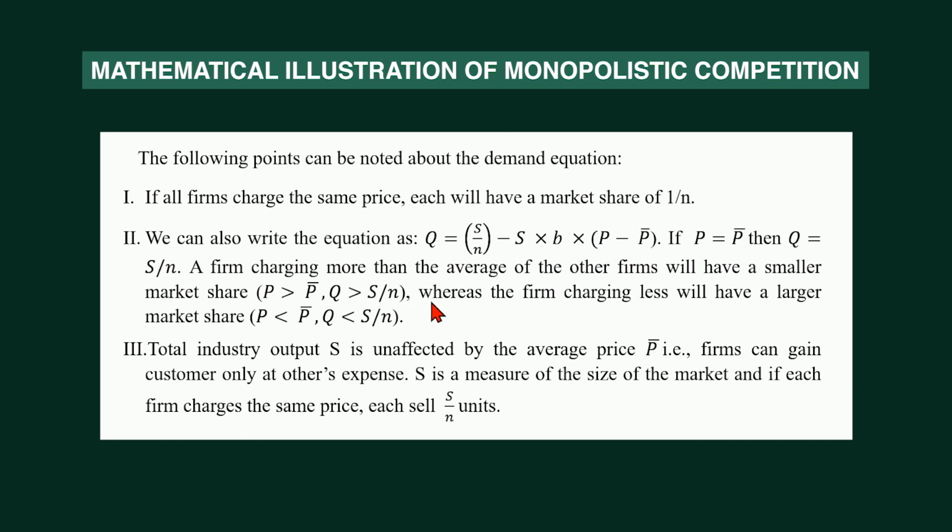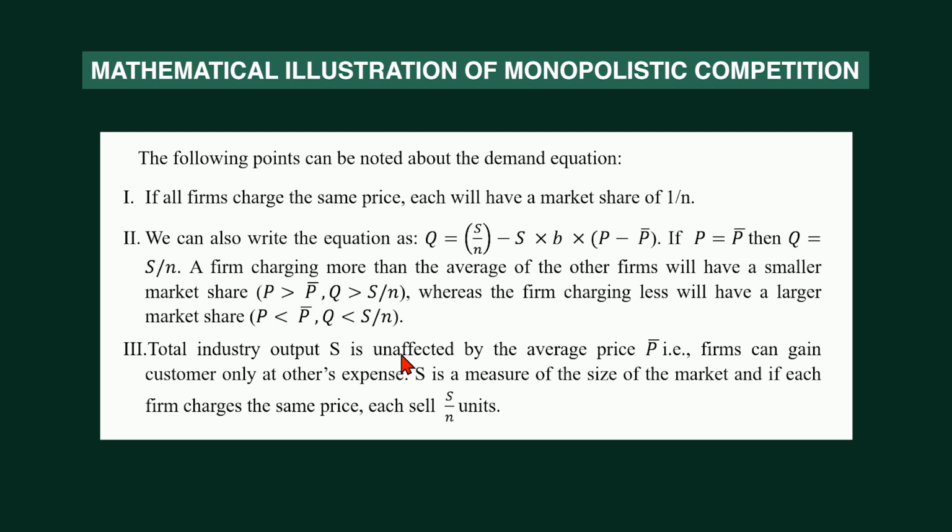A firm charging more than the average of other firms means P is greater than P bar. If they charge a relatively high price, then this firm will have a lower market share. So if P is greater than P bar, Q must be smaller, a smaller market share, and the firms charging less will have a larger market share.